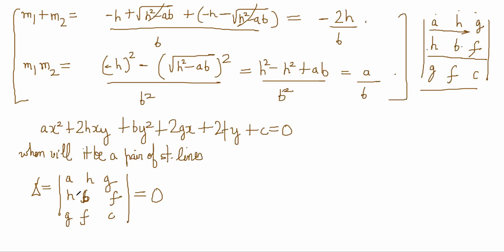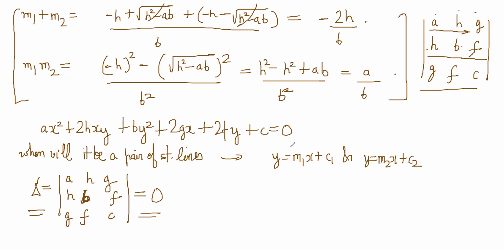So this will give you the condition: this discriminant has to become 0 for this equation to mean a pair of straight lines. And once this vanishes, we have two lines that will come out. It will be y is equal to m1x plus c1 and y is equal to m2x plus c2.